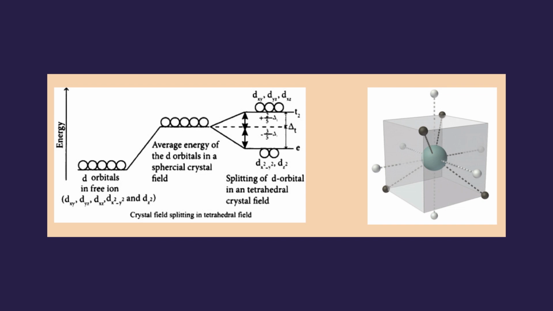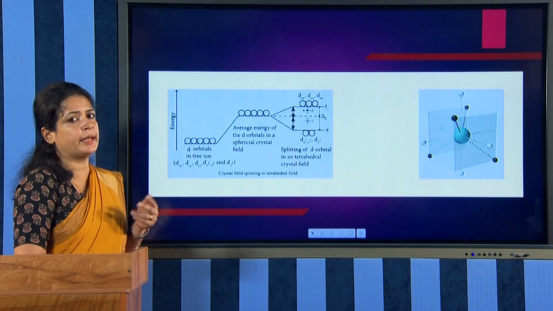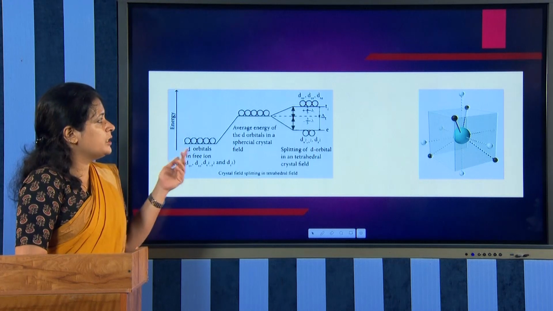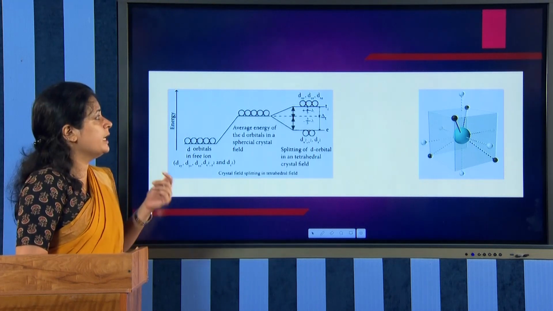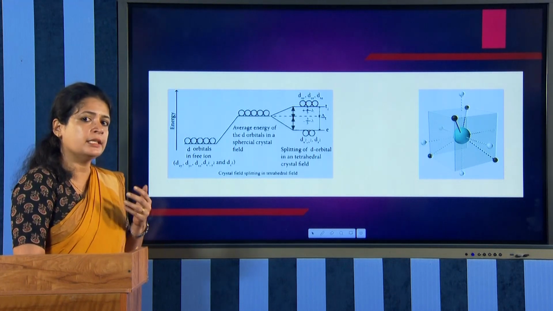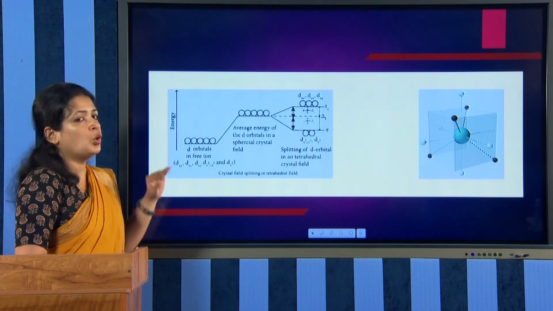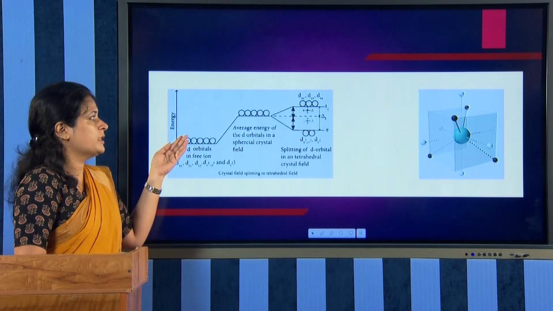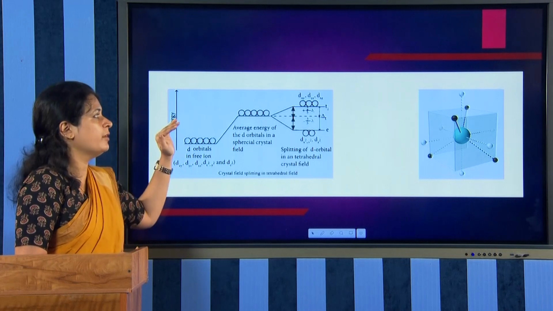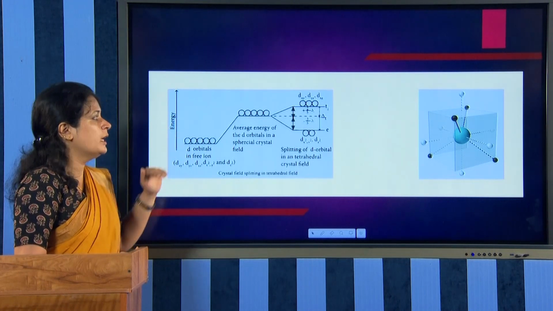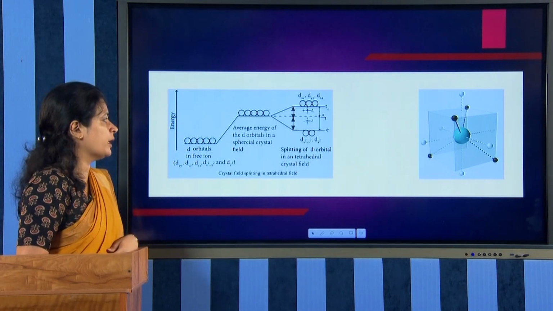We have 2 E orbitals, which in the octahedral field you have seen as Eg. They are dx2-y2 and dz2, and T2 will be 3 orbitals, that is dxy, dxz and dyz. The T2 orbitals will have greater energy and the E orbitals will have lower energy.